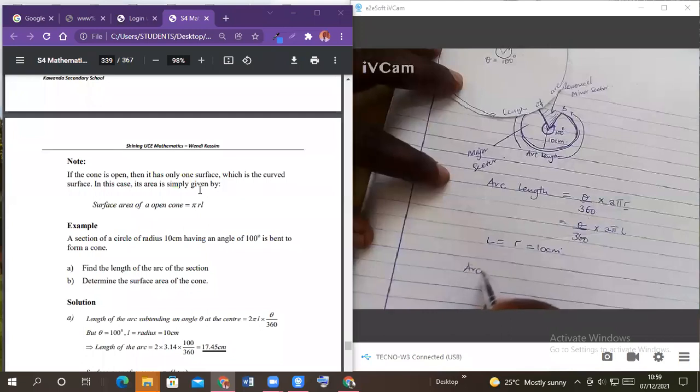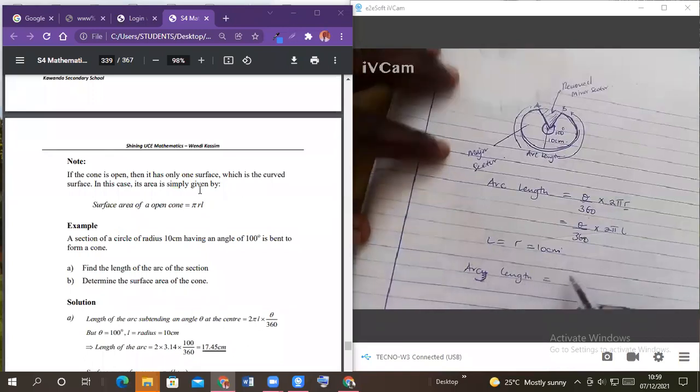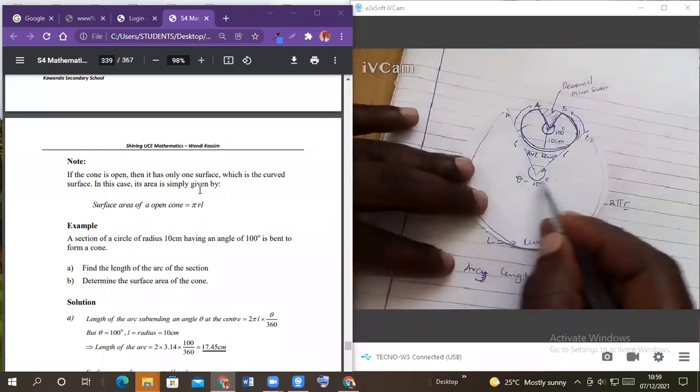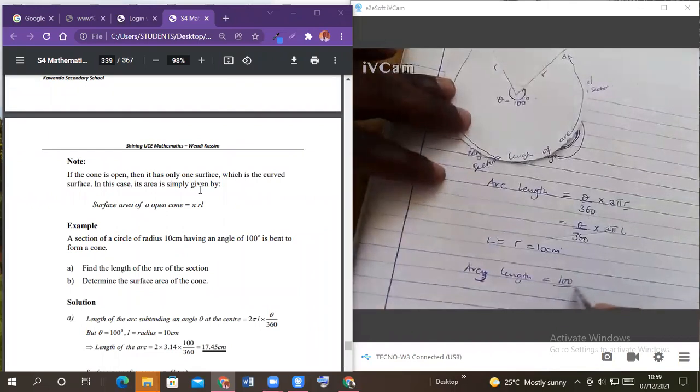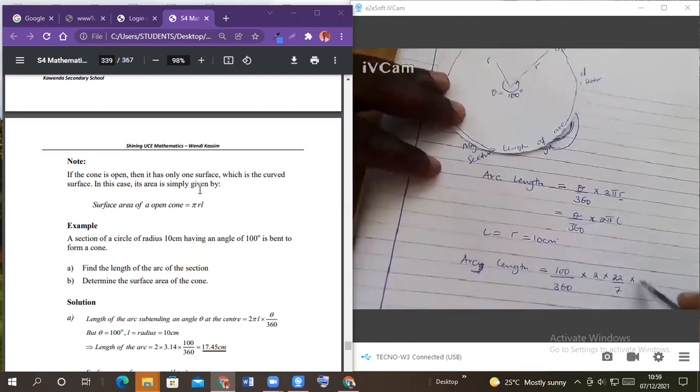So now the arc length will be equal to the 100, which is the angle here, out of 360, then times 2, then times 22 out of 7, if they have not given you pi, then times the L, and our L is 10 centimeters.